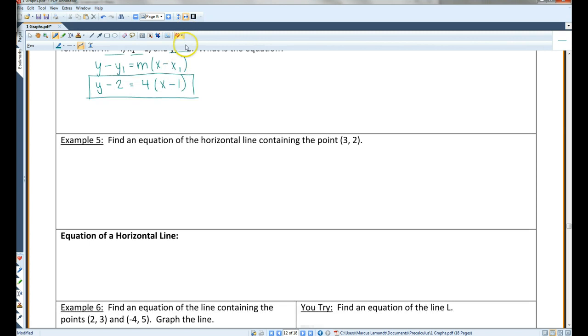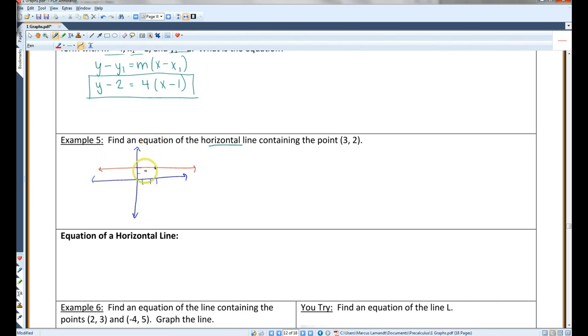Alright. Find an equation of the horizontal line containing the point (3, 2). Okay, let's graph this first. The point (3, 2) is here, and we've got a horizontal line going. Okay, now when you have a vertical line, you're just looking for the x-intercept.